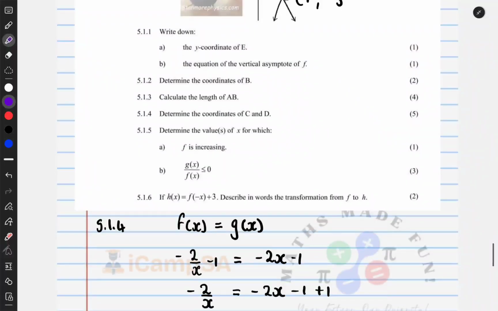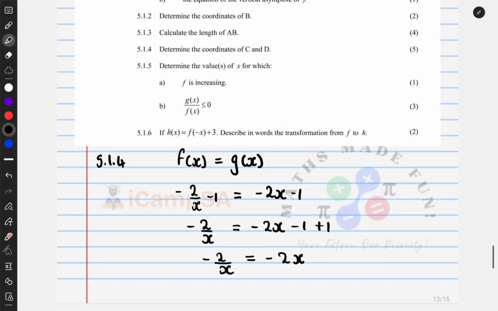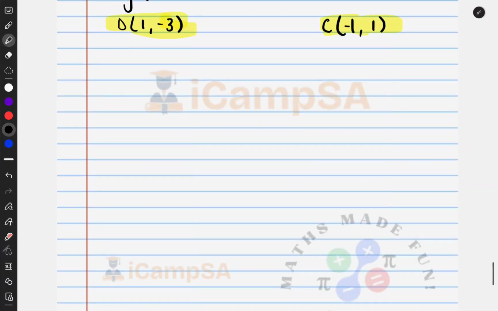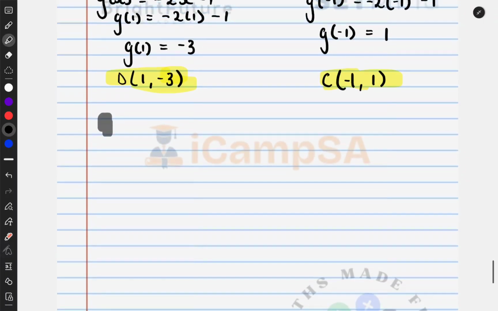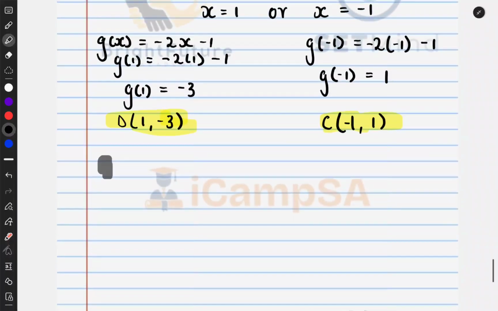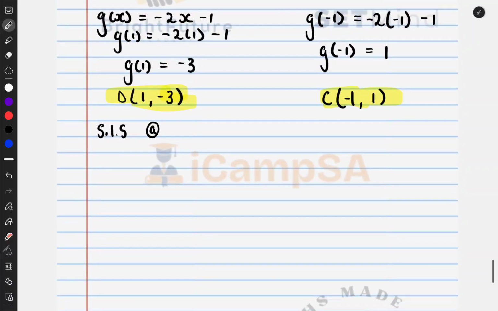Okay, so to put this in writing, we are saying where x is an element of from negative infinity to 0 using round brackets.